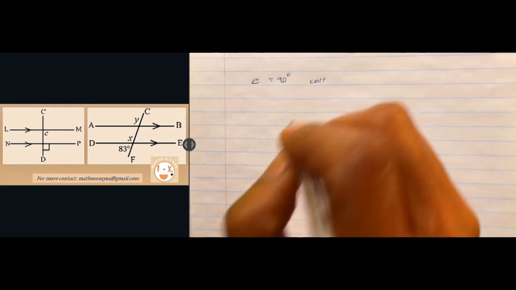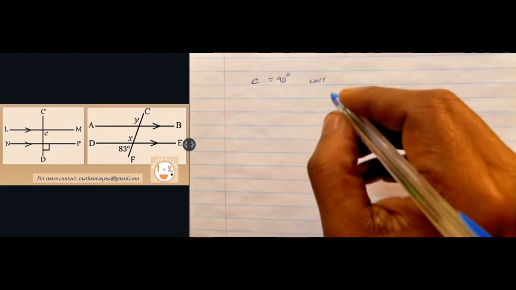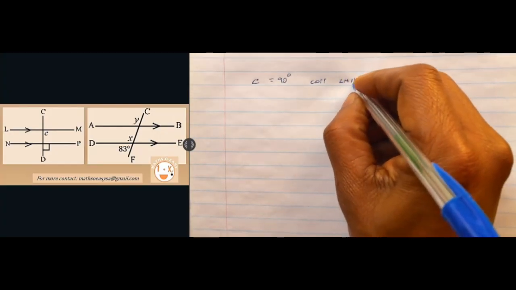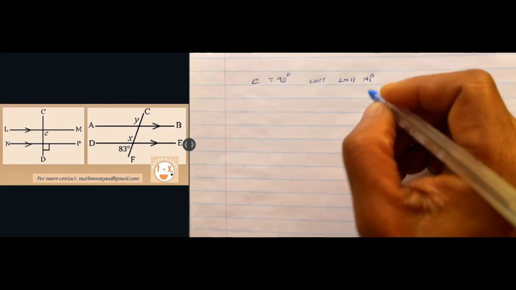Then we still have the same situation. What is that? It is corresponding. Y, LM parallel NP. That's all they wanted.